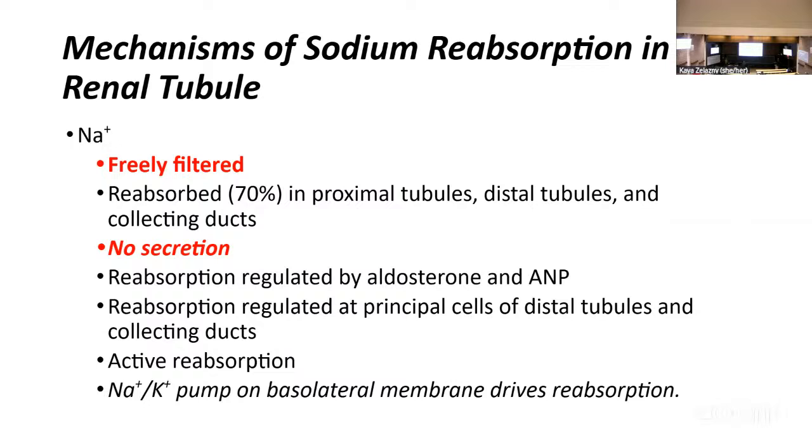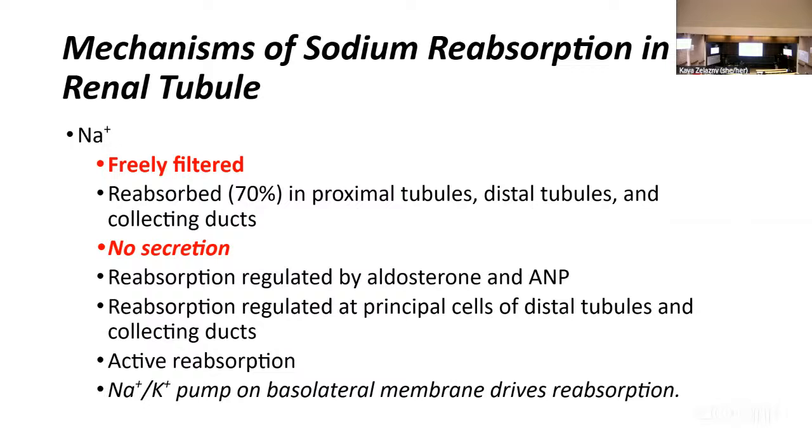It's in the distal tubule and the collecting duct that we're going to see regulation of sodium reabsorption using a hormone called aldosterone. We don't have to worry about sodium secretion. So we're just going to be thinking about reabsorption into the bloodstream and a little bit about excretion out of the body in the urine.